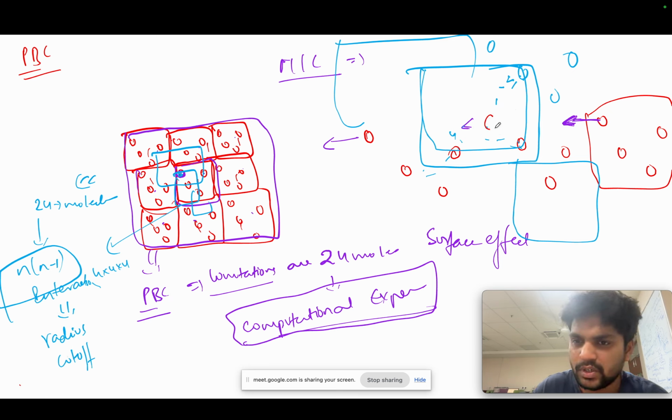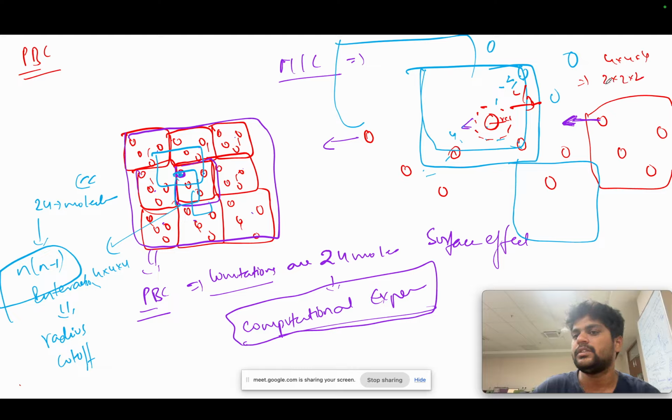If you take this molecule, they draw small circles with a cutoff radius, which should not be greater than L by 2. Suppose the box is 4 by 4 by 4, it should not be greater than 2 by 2 by 2. Up to there you can choose such a size that the original values do not change much.